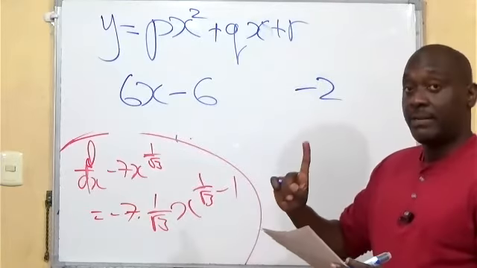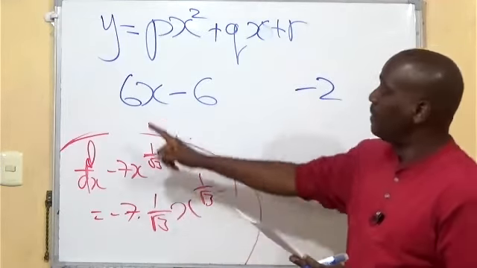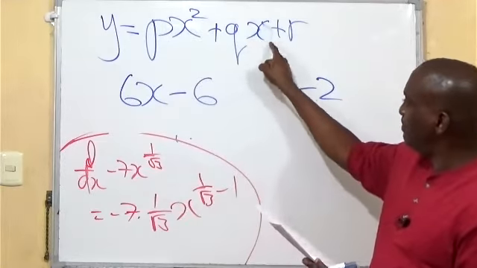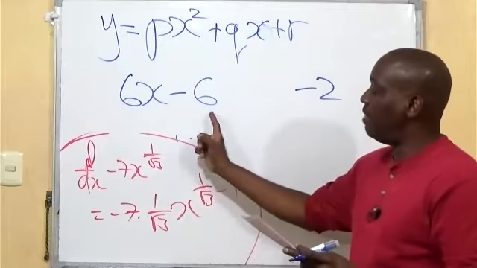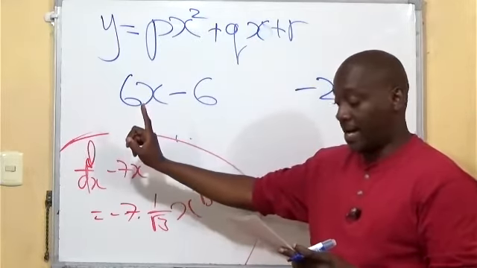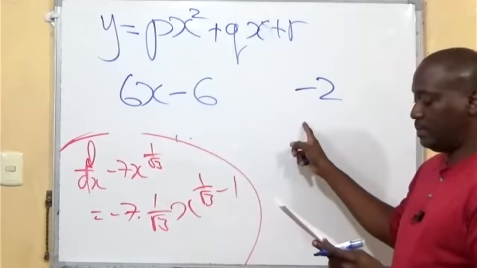Right, so let me read it. Let me start over again. A function given by y is equal to px squared plus qx plus r has a gradient of 6x minus 6 at a stationary value of minus 2.